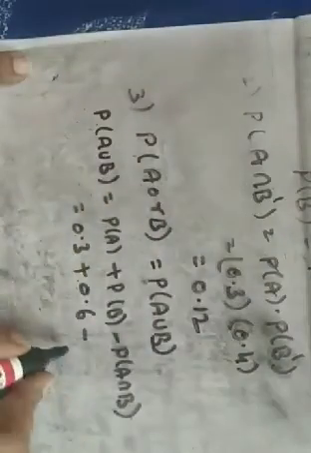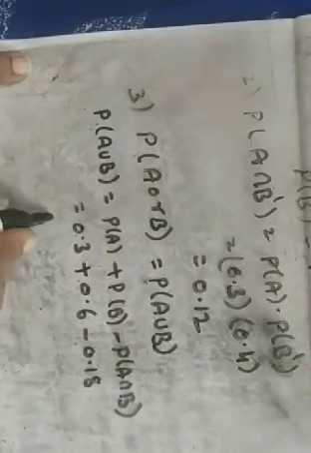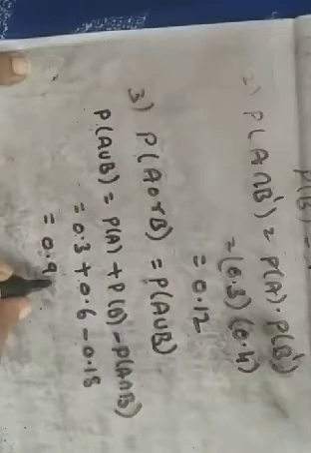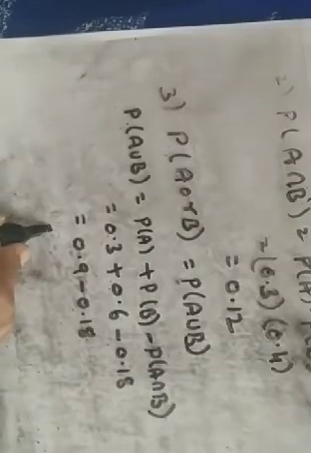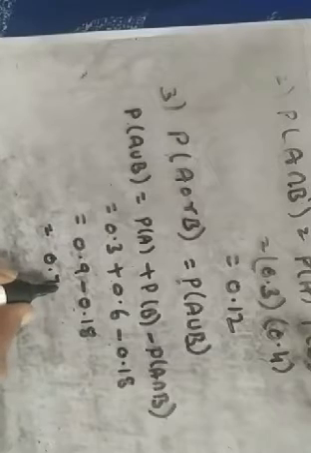What is the intersection? Intersection is nothing but 0.18. So 0.9 minus 0.18 is equal to 0.72.